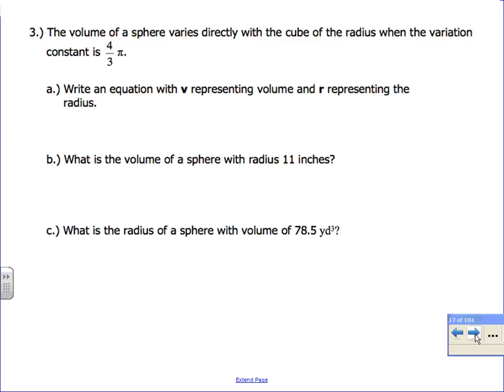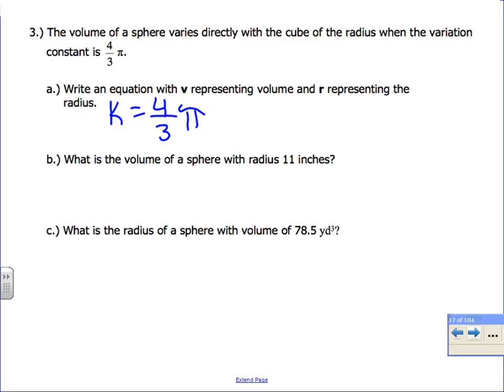Okay, the volume of a sphere varies directly with the cube of the radius when the variation constant is 4/3 pi. So, ready? We'll start with that. The variation constant is 4/3 pi. I'm gonna baby this for you.